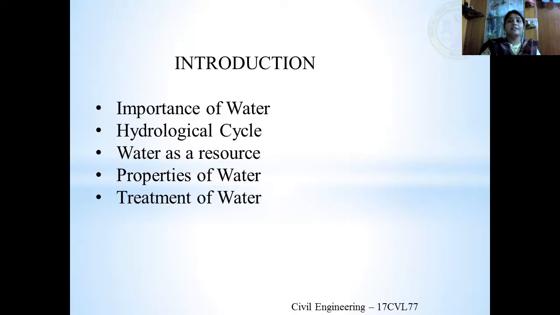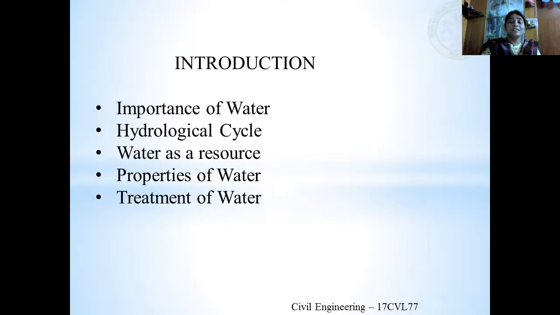There is increased industrialization, increased agricultural activity, and increased infrastructural development. All this increases the demand for water. Hence, the importance of water is increasing day by day by leaps and bounds, and it is one of the greatest natural resources available on the earth.